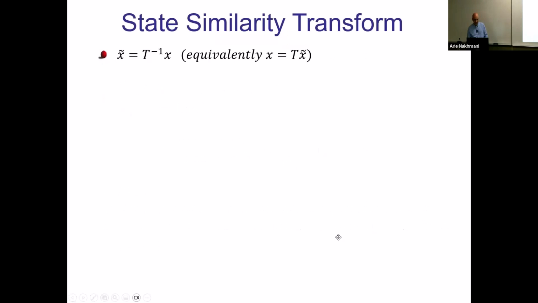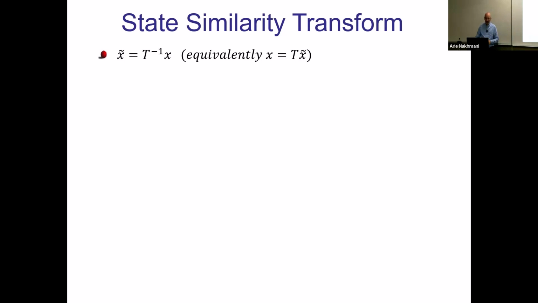All right. Now we will talk about similarity transforms. And the question becomes, how many different systems might be equivalent, at least in some sense? So we can define some invertible matrix T, which we will call transform, similarity transform.